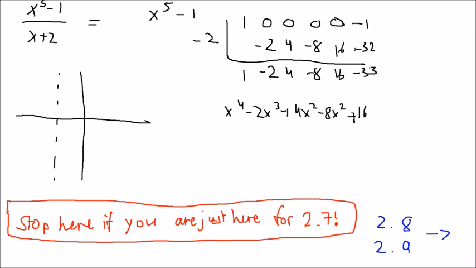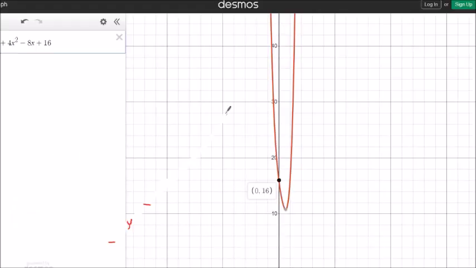This is your function. Okay, it looks kind of like this. This is your second asymptote right here. It crosses at 16, obviously.